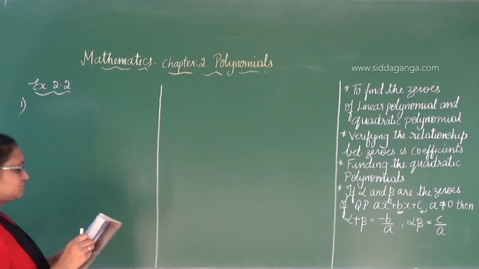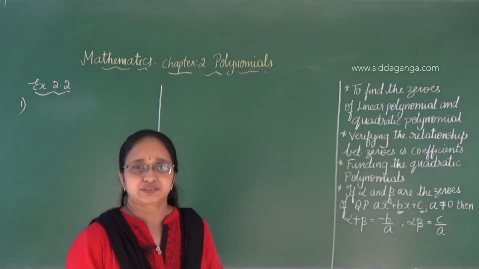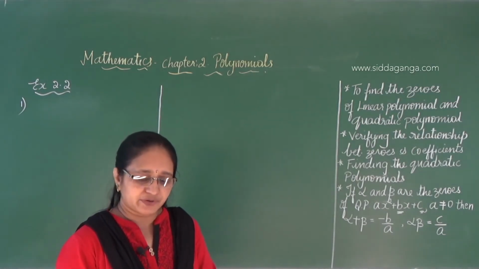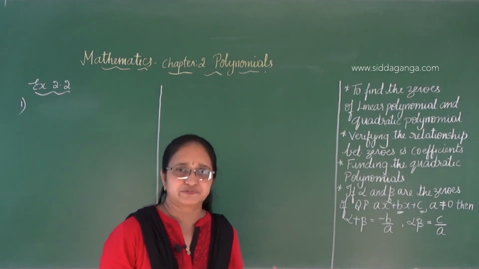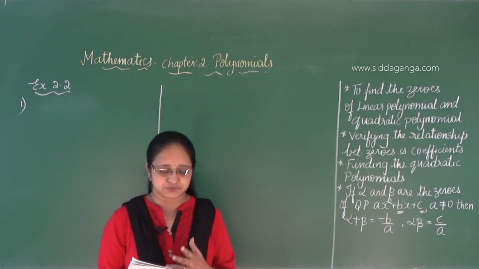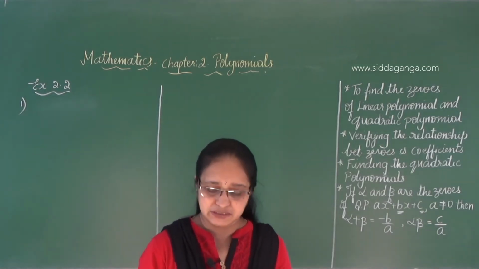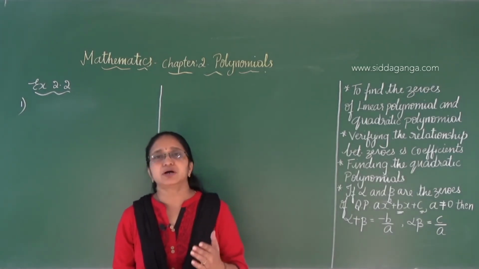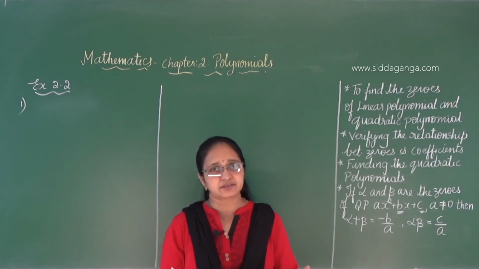See here, first question: find the zeros of the following quadratic polynomials and verify the relationship between the zeros and the coefficients. So there are two parts in this question. One is to find out the zeros of the quadratic polynomials, and the second one is to verify the relationship between the zeros and the coefficients.